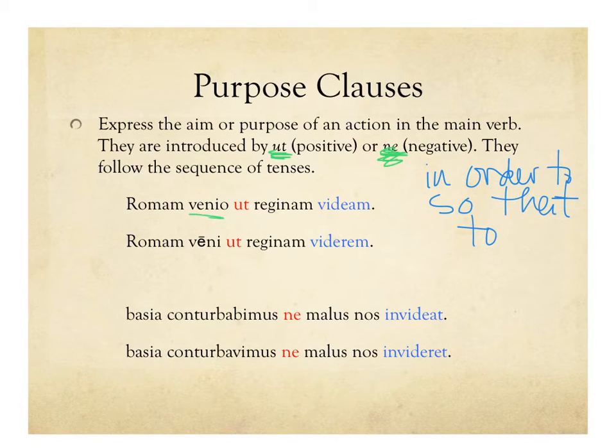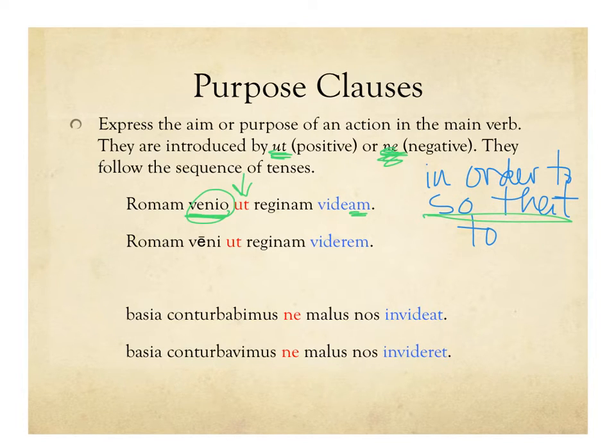So here's our main verb, right? I come to Rome in order to see the queen, right? If you want to use so that is helpful because then we can use our person and number. It makes it a little easier, right? I come to Rome so that I may see the queen.